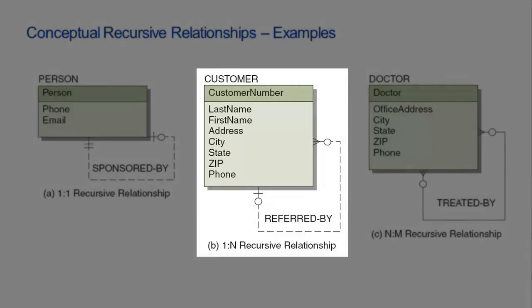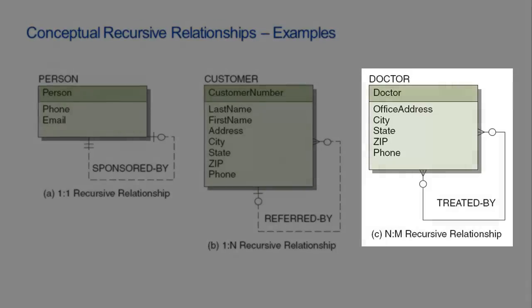In our second example, we have a one-to-many recursive relationship, and this is a referral relationship. That is, each customer might refer many other customers to us, but each customer is referred by a maximum of one other customer. So this is a one-to-many recursive relationship.